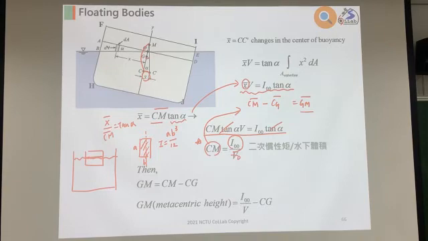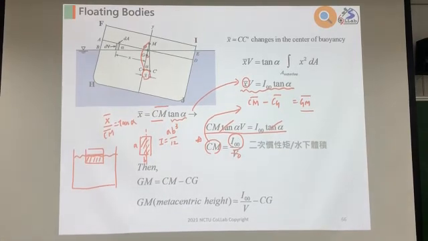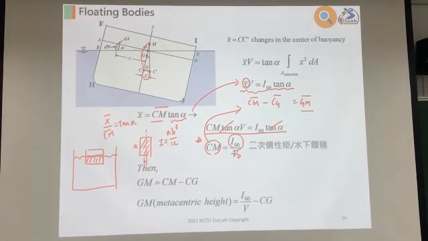This is the second moment formula for the rectangular shape. Okay, so we know how to compute I, and we know the displaced volume. Where is the displaced volume? It is here. So you have a displaced volume and you have a second moment, and then you can compute the CM.